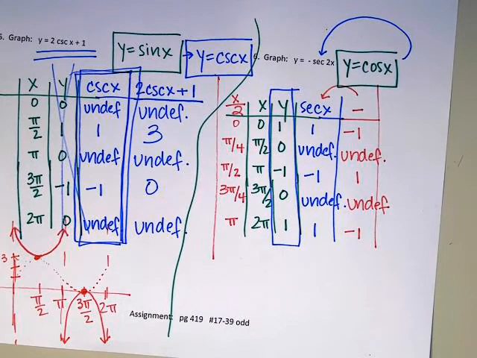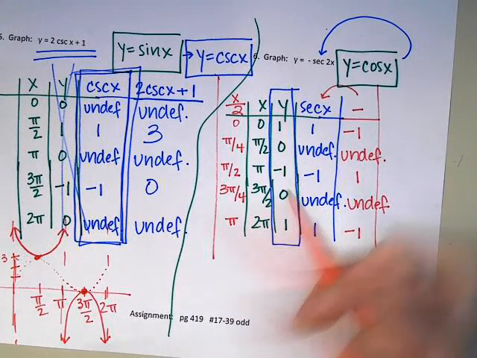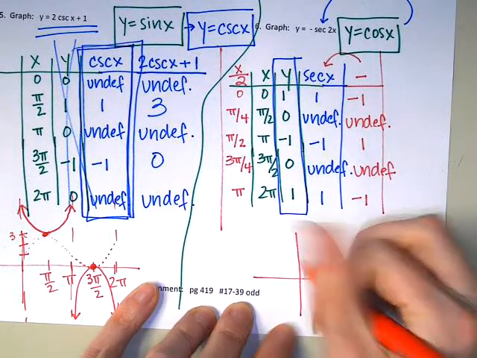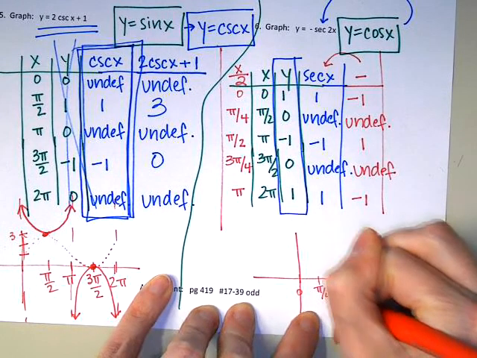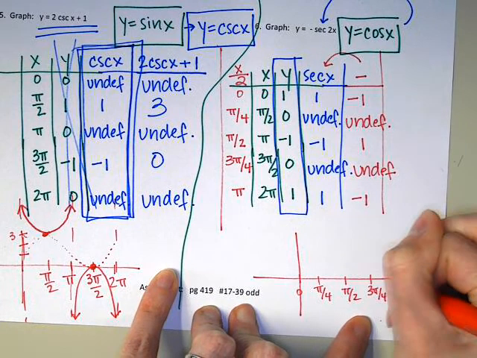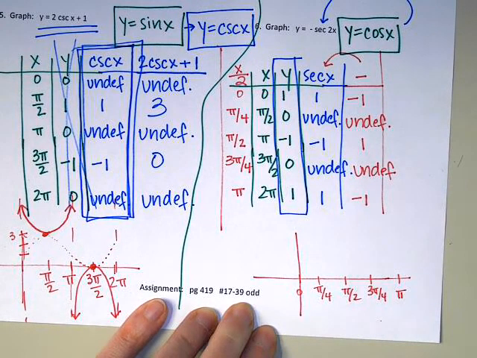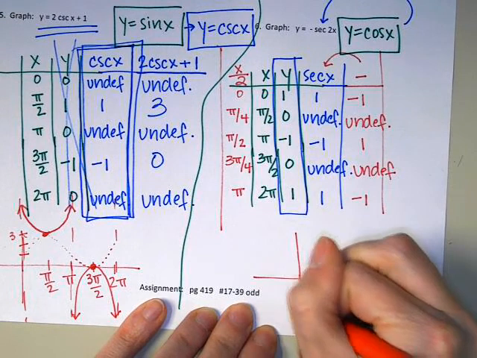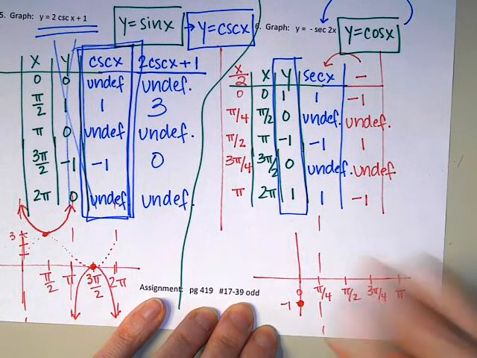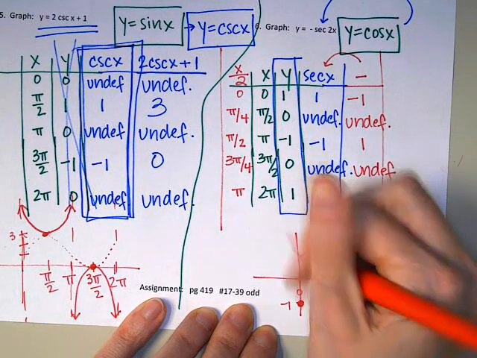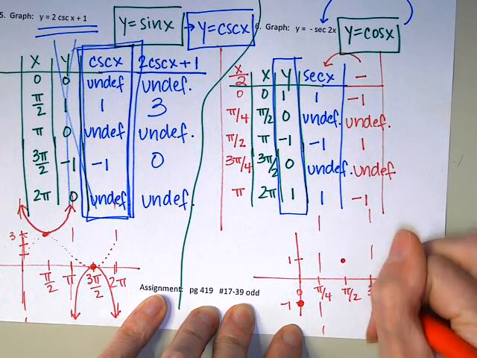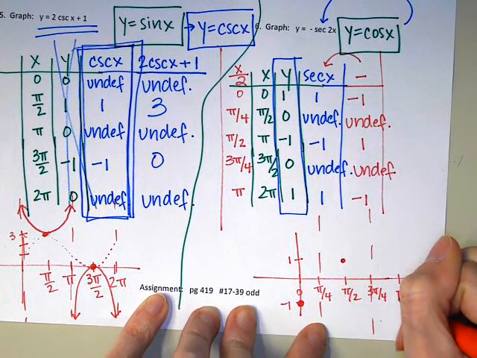So when we make our graph, let's see what this looks like. Okay, so the x's, we have 0, pi over 4, pi over 2, 3 pi over 4, and pi. And then at 0, we're at -1. Pi over 4 is the asymptote. Pi over 2, we're at 1. 3 pi over 4 is another asymptote. And pi is -1.